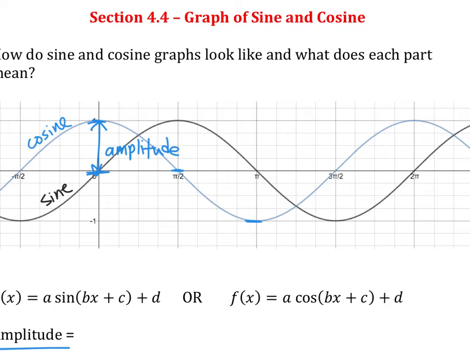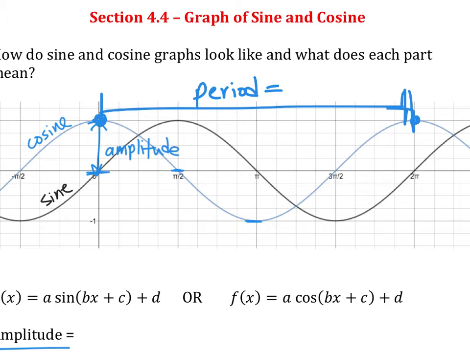For example, in this cosine graph, the top is here, and then you look for the next time the top of the graph appears again, which is here. So this length is 1 period. In this case, you can see that this length here is 2 pi.